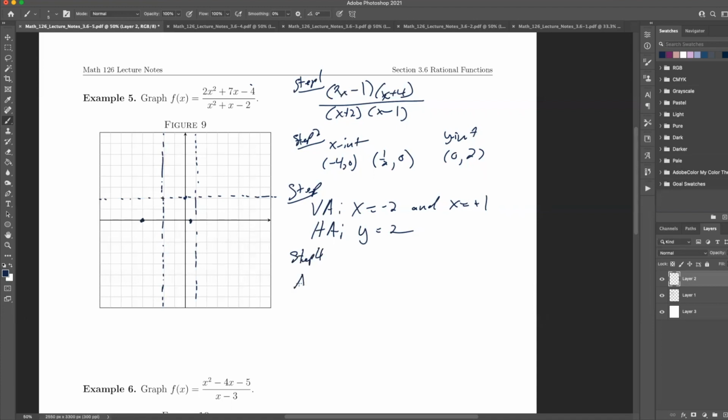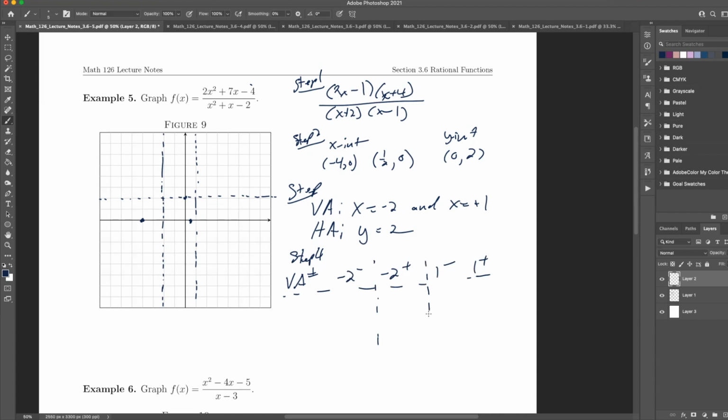All right, so step 4 is we're going to do our vertical asymptotes, plus and minus. And so here we're going to have negative 2 minus, negative 2 plus, 1 minus, and 1 plus. And so we're going to look at the signs of all that.